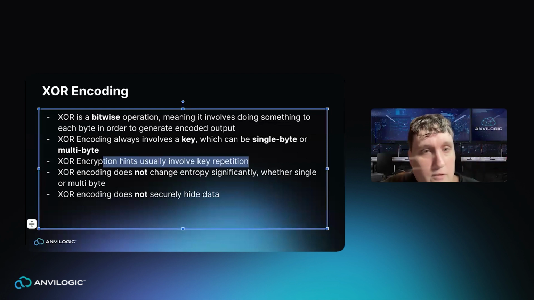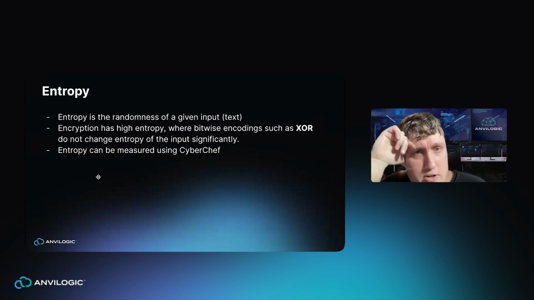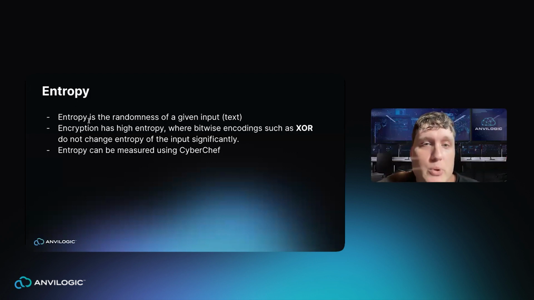We haven't covered entropy too much yet, but I'm going to get into that. Whether it's single or multi-byte, it doesn't actually securely hide data, even though it might look like it at first. So let's go to entropy quick next. Entropy is the randomness of a given input, and the higher the entropy, the more random it is.